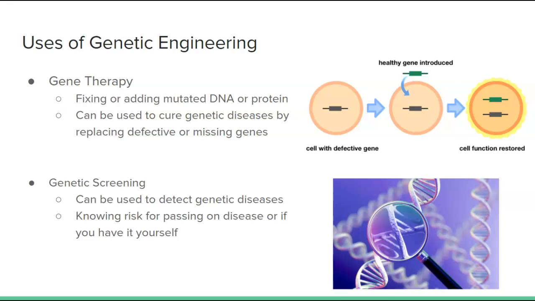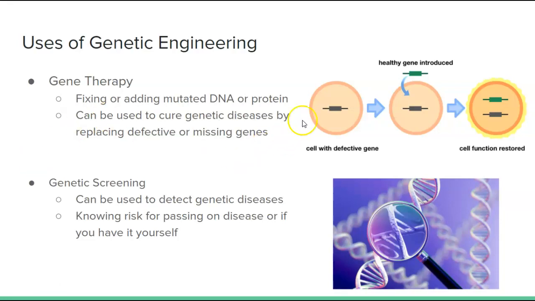Another type of genetic engineering that we're going to focus on in this set of notes is gene therapy and genetic screening. So gene therapy is this idea of fixing or adding mutated DNA or proteins. You can do this to cure genetic diseases by replacing the defective or missing gene by adding in a healthy gene.